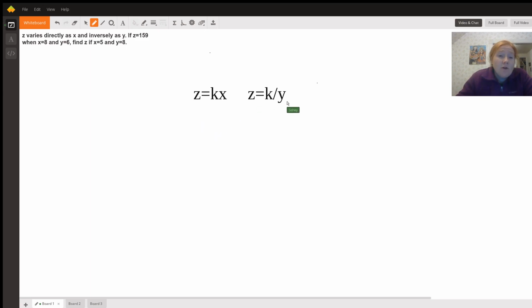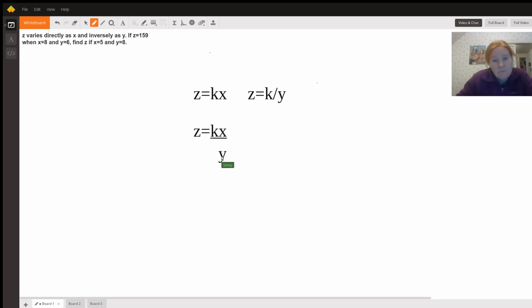So we have both of those. To set up the full equation with both of those properties, you would say a constant times X, and we're going to divide by Y. It would be in the denominator, so we would need division.